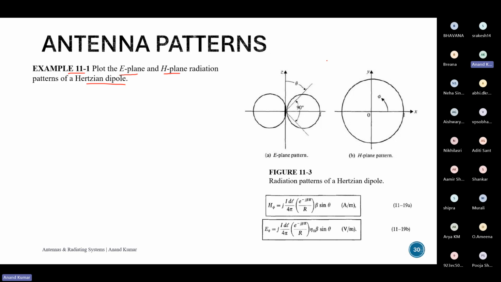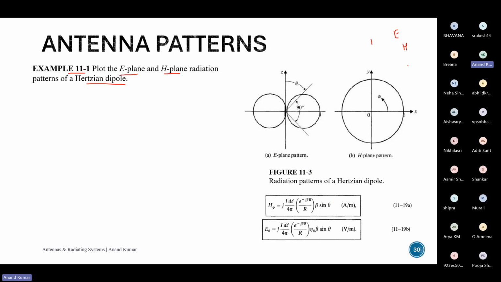In the last class we had discussed the Hertzian dipole, the elemental electric dipole, where we had a small conductor and we plotted the electric field and the magnetic field at a certain distance from this particular dipole.